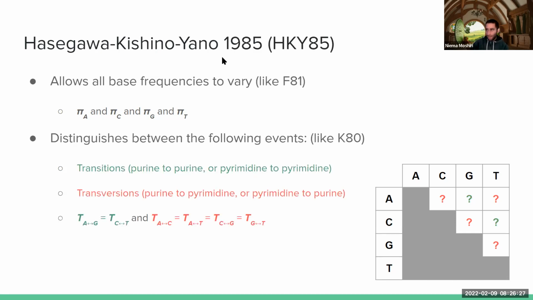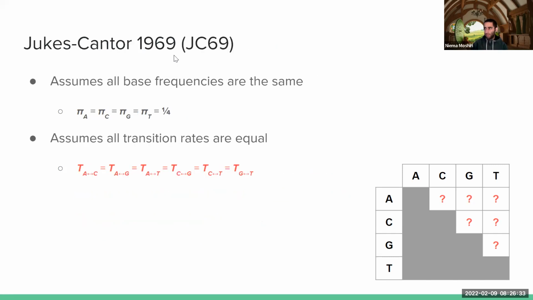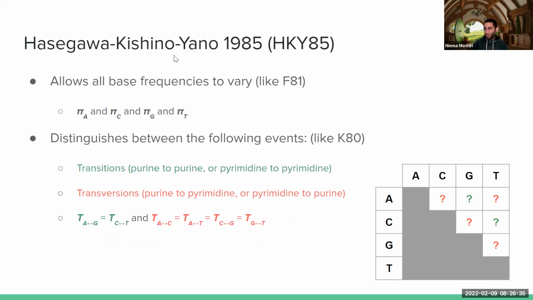And then in 1985, these three folks mixed together the K80 model with Felsenstein's model. They took the K80 transition rates and the F81 different base probabilities and made a model that allows both of those properties to hold.